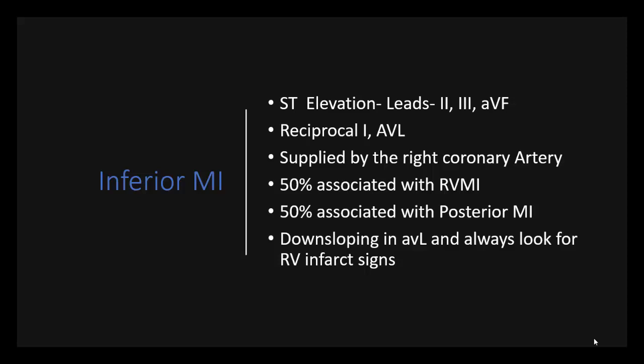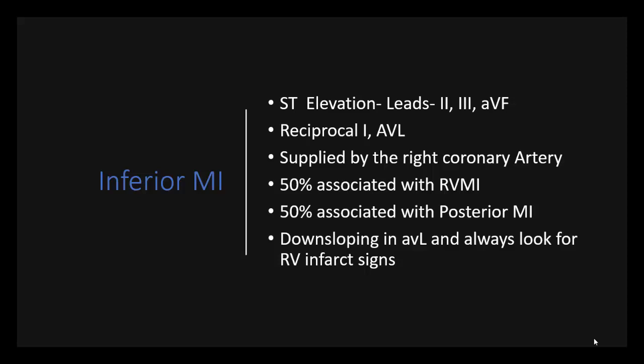The right coronary supplies the inferior portion, also the right ventricle as well. 50% of the inferior MIs are associated with right ventricular myocardial infarction, and 50% are associated with posterior MI.